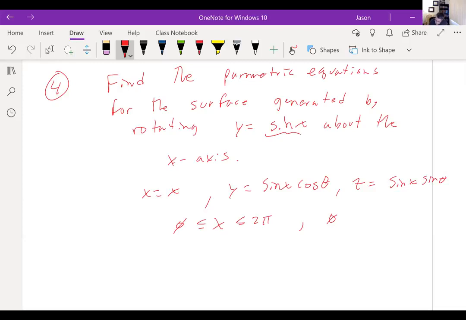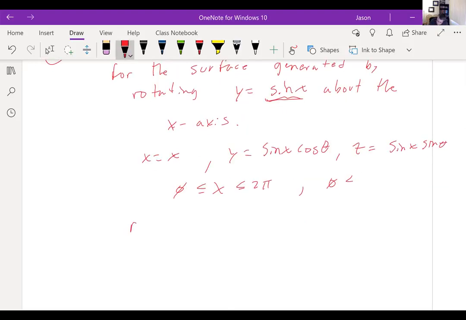Why does x have that restriction? Because it's coming to us from the sine function. And if we wanted a vector valued function for this, we would say this is a vector valued function on x and theta, equal to xi plus sine x cosine theta j plus sine x sine theta k.